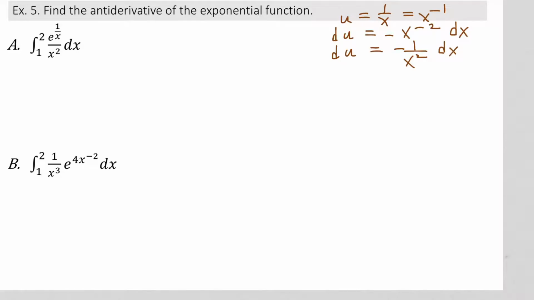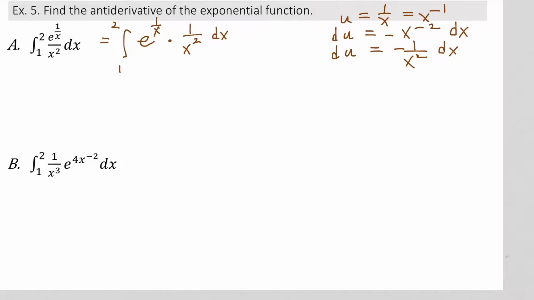Right, so now I look over here and I see what my integral looks like. So I've got e to the 1 over x times 1 over x squared dx. So I've got the 1 over x squared here and the dx, but not the negative.